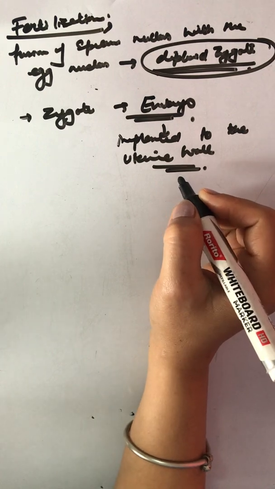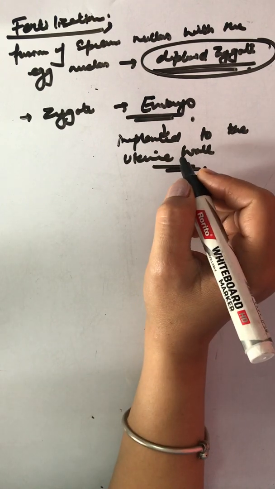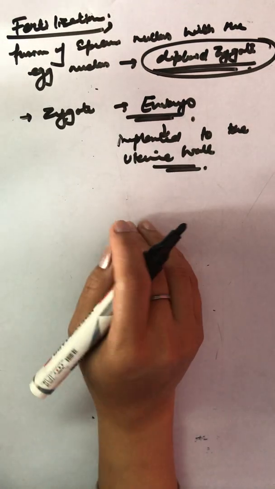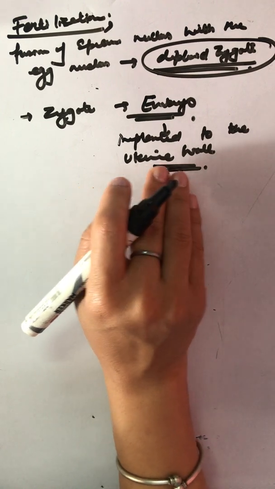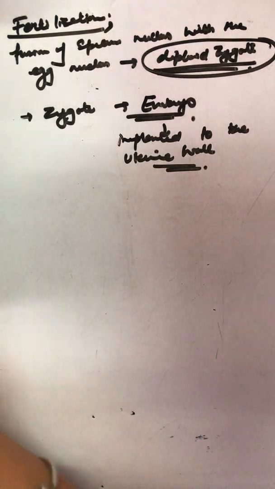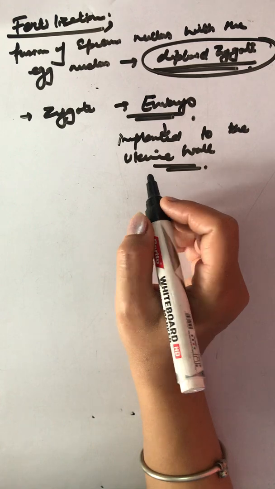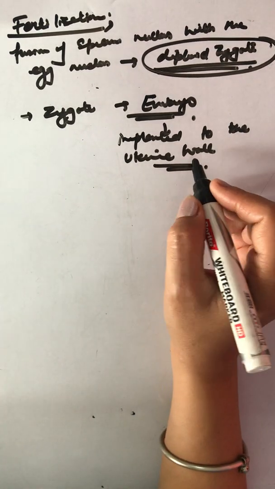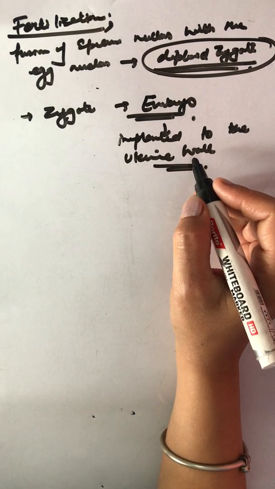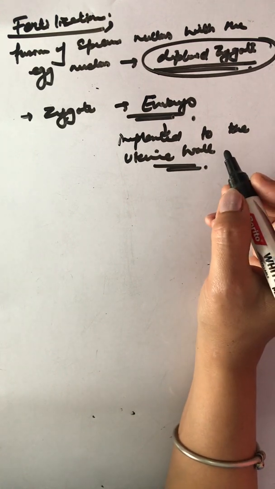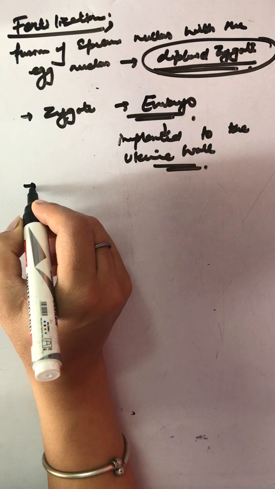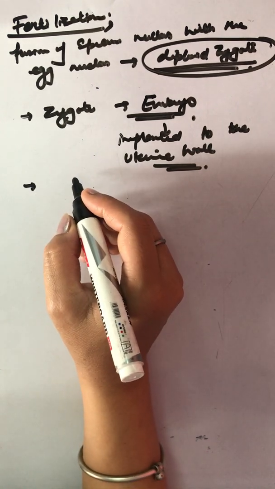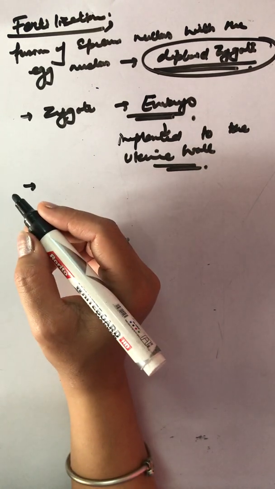This uterine wall, which is thickened because of the action of the hormone progesterone, helps in the fetus growth as well as development. How? We say that the first organ which is formed in the developing fetus is the neural tube or the spinal cord, then accordingly there is a relationship developed between the mother and the fetal membrane, the uterine wall and the fetal membrane.